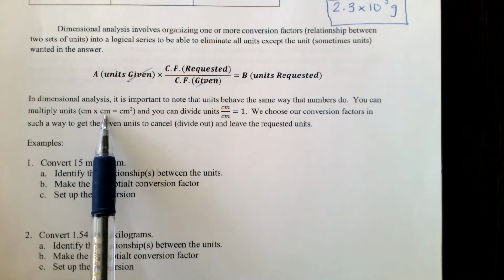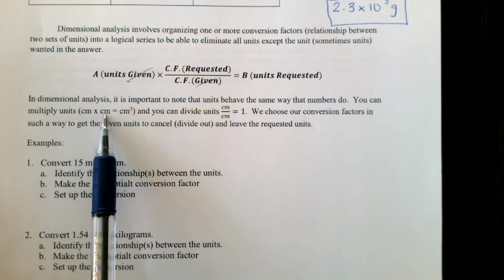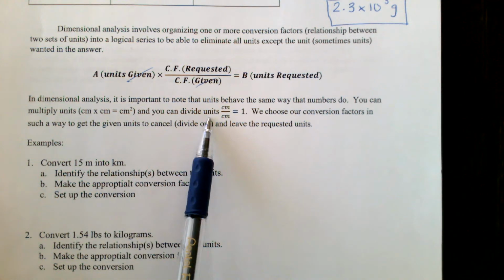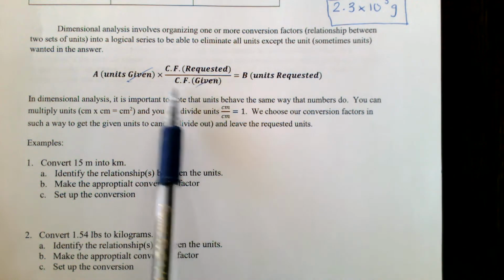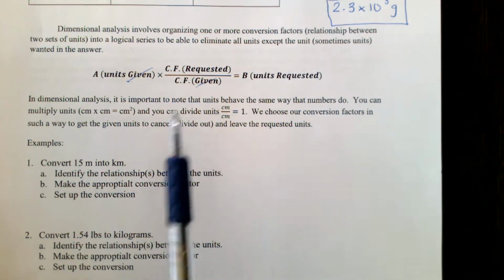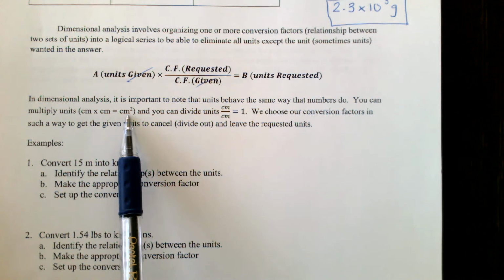So units multiplied by each other give us units squared. If we were measuring a three-dimensional object, we could do centimeters times centimeters times centimeters to get centimeters cubed. We can also divide units. We saw this above where we had units in the numerator and denominator, and they divided out and canceled.